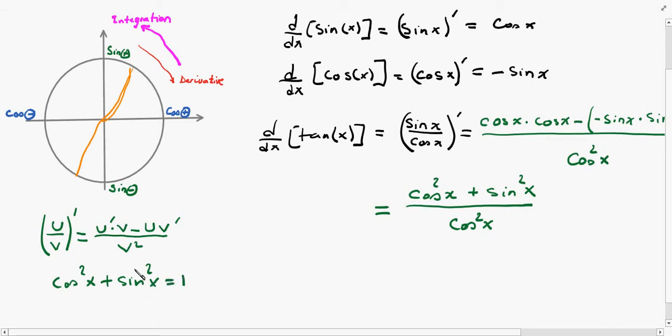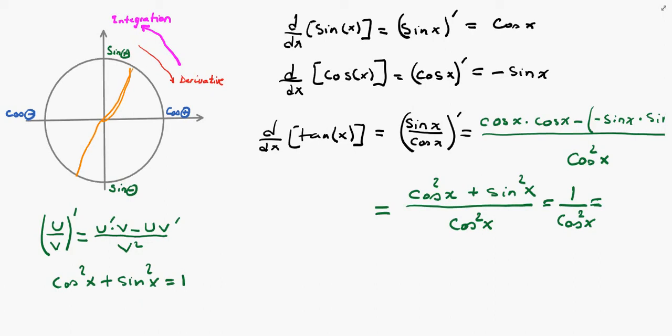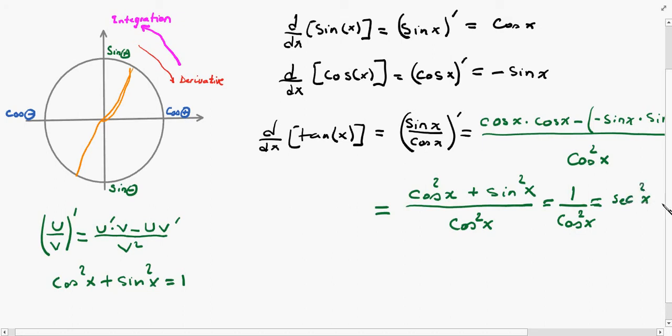So that's going to give us here 1 divided by the cosine to the power 2 of x, and 1 over the cosine to the power 2 of x is the secant squared of x.